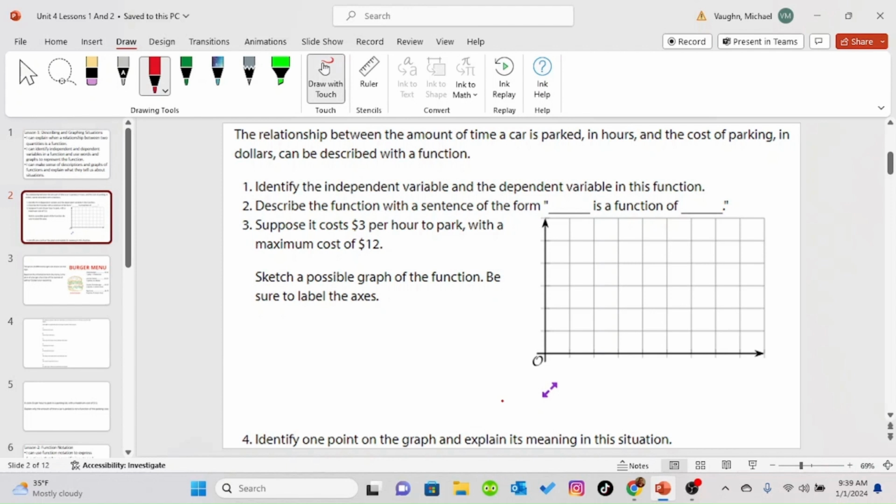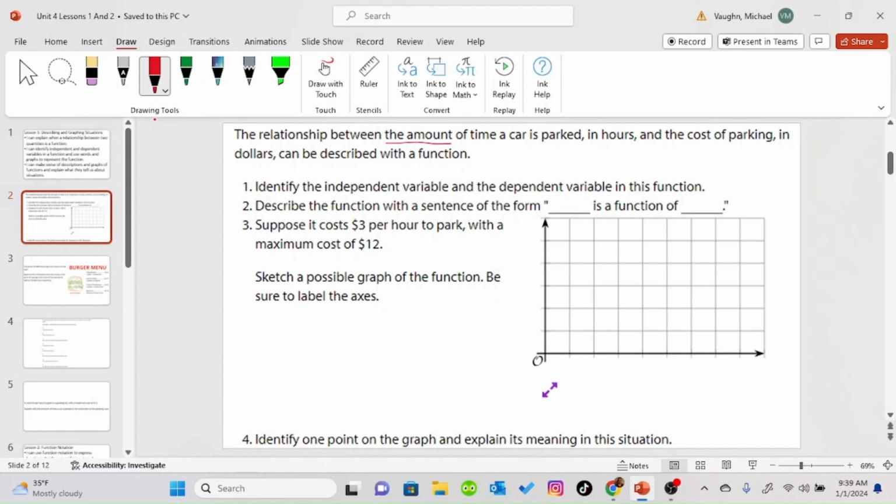So we have two possibilities here. We have the amount of time a car is parked, and we have the cost of parking. So we have to ask ourselves, which one of these two is the one that we change, and which one is the one that gets calculated?